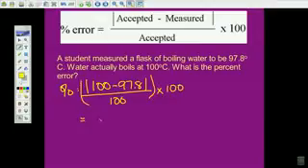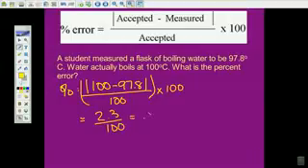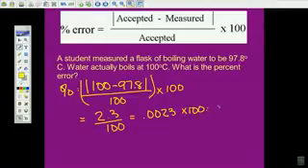Okay, so 100 minus 97.8 is 2.2, divided by 100 is 0.022, and then times 100 to get rid of my decimal, and I get 2.2 percent, which is not bad. That's not bad.